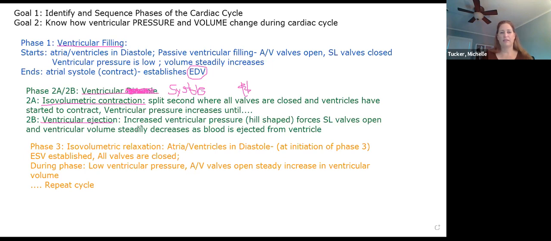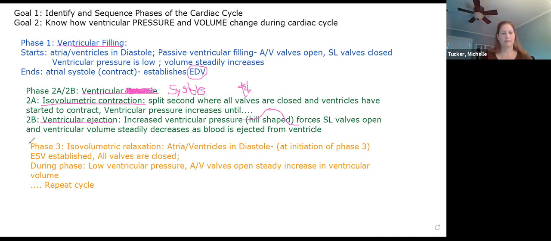Ventricular volume steadily decreases as the blood is ejected out of the ventricles, and the pressure is hill-shaped because it builds and builds until we force those semilunar valves open, and then it's going to come down as the blood is ejected from the heart. So it steadily decreases. So it's a hill shape.